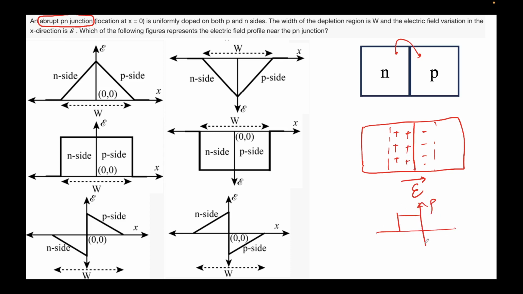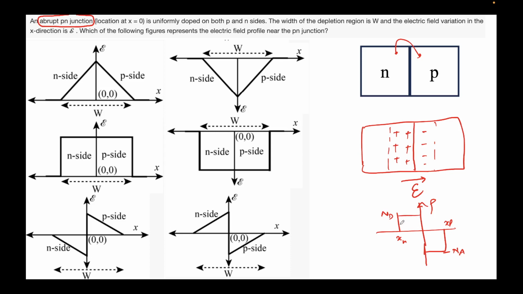This is rho. So this is your ND, and this is your XN. This side will be your XP, and this value will be NA, with NA equal to ND. So this will be very symmetrical. The height on the y-axis will be exactly the same.